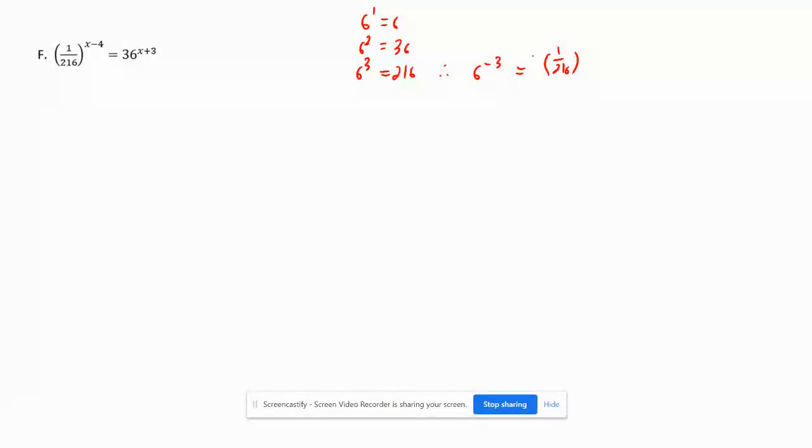That means 6 to the negative 3 is going to be 1 over 216 over here. So we're going to use this exponent rule here to deal with this 1 over 216. So 1 over 216 is the same thing as 6 to the negative 3, to the x minus 4, equals 6 squared to the x plus 3.